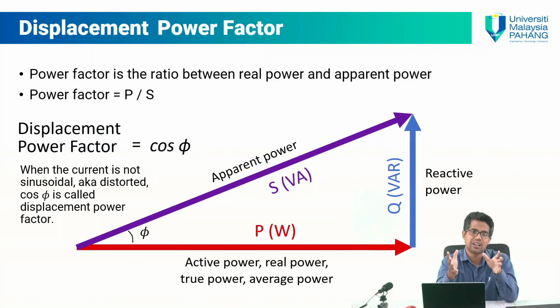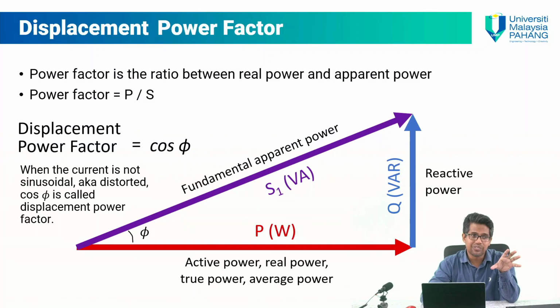So what is this cos phi renamed as? Cos phi is now called the displacement power factor. When the current is distorted, cos phi is not the power factor, it's just the displacement power factor. We will see why it's called displacement.